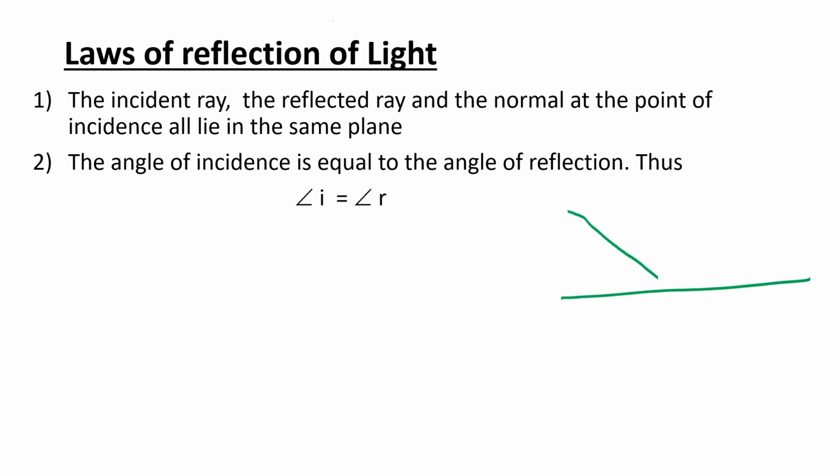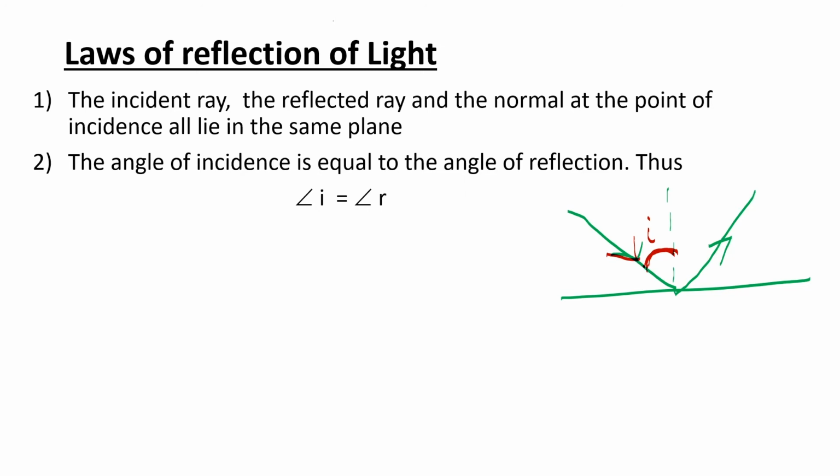Now you know this is the incident ray, this is the normal, and this is the reflected ray. As per the second law, the angle of incidence is this angle, the angle between the incident ray and the normal. What is the angle of reflection?